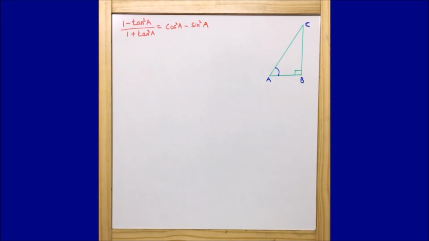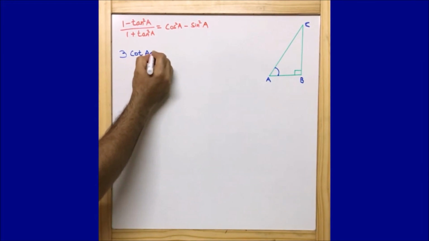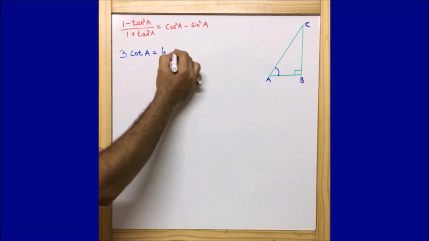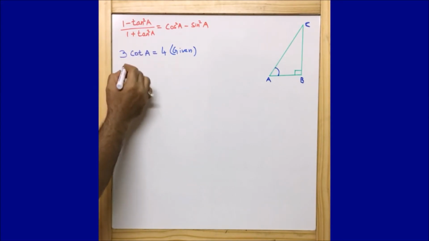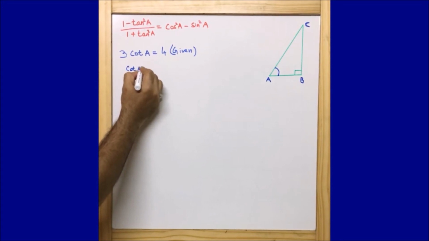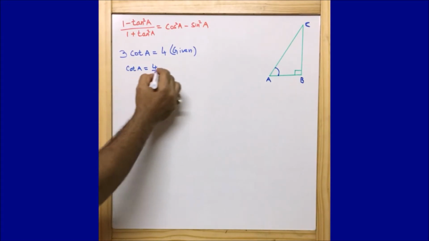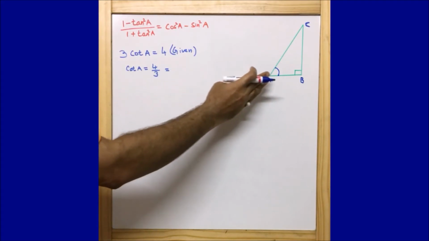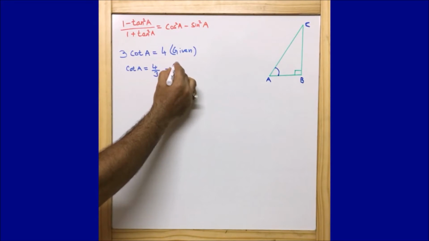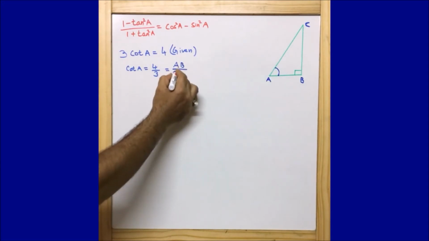Now the given question is, it is given that 3 cot A is equal to 4. With this value, let us move ahead. How to solve? We can write 3 cot A is equal to 4, therefore cot A is equal to 4 upon 3, and we know that cot A is equal to adjacent side to angle A, that is AB, upon opposite side to angle A, that is BC.